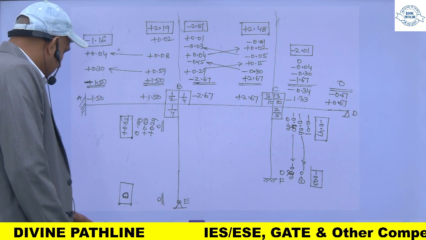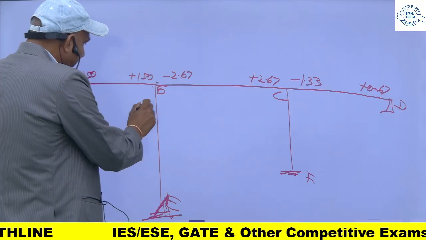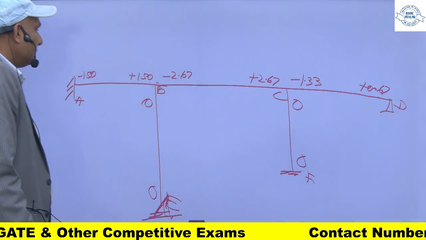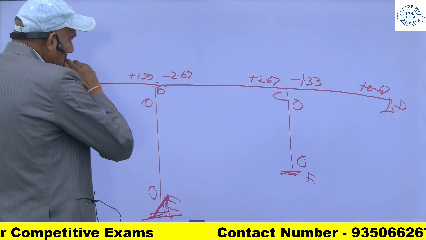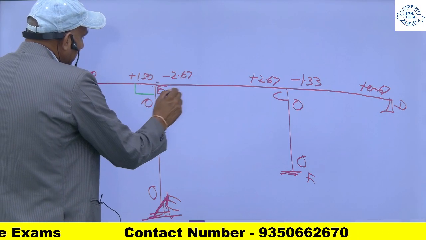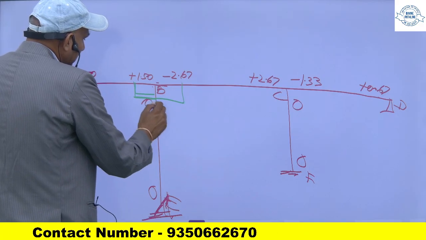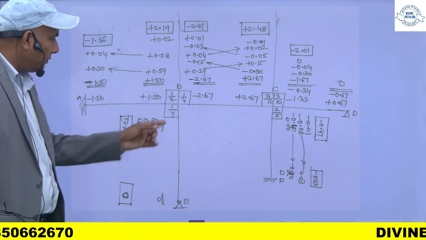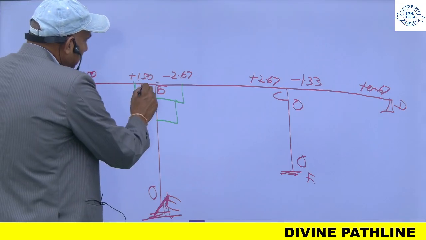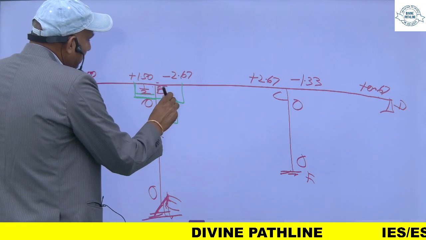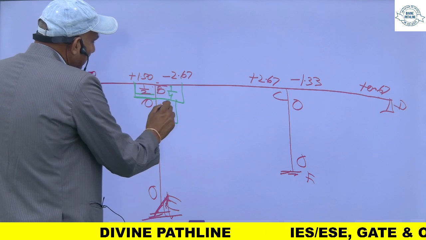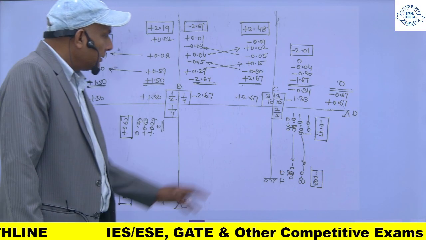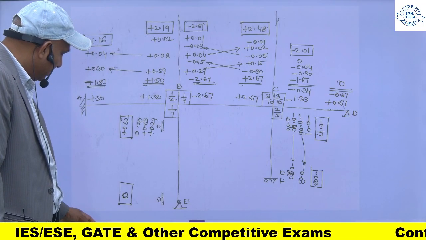And the distribution factor for this member is 1 by 2, 1 by 4, 1 by 4, 1 by 2, 1 by 4, 1 by 4, and this is 3 by 10, 3 by 10, and 2 by 5.